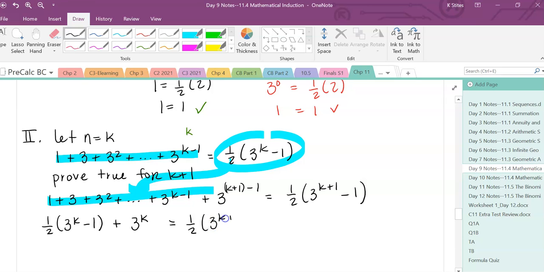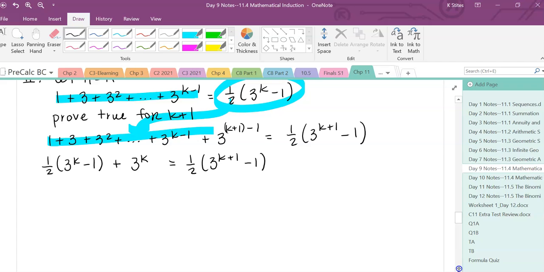So this is where we're just going to do a bit of algebra, but people don't like how it looks because you're dealing with an exponential expression. Okay. So first thing I'm going to do is distribute. 1/2 times 3 to the k is not 3/2, because order of operations says that exponents come before multiplication. You can't just multiply this 1/2 times this 3. So we're just going to write it like this.